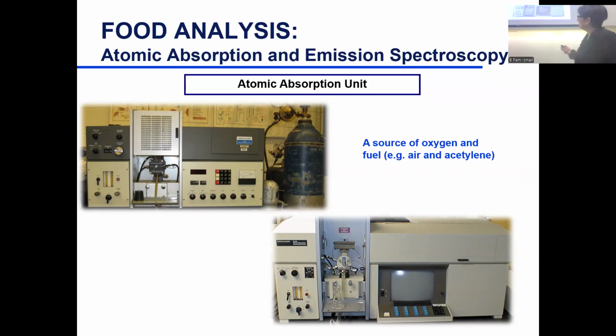If you can see here, we have a nebulizer and a tube. The tube goes into your sample container and sucks up sample that goes into the nebulizer, which transforms the liquid into mist. And this here is your crucible in a sense.